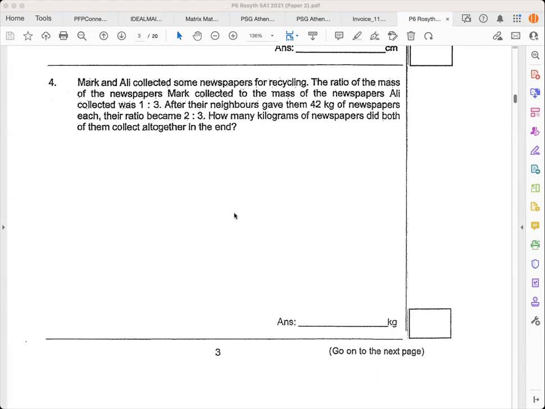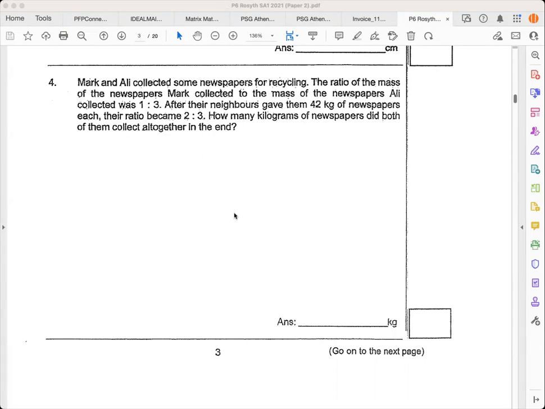The ratio of the mass of the newspapers Mark collected to the mass of the newspapers Ali collected was 1:3. After their neighbors gave them 42 kilograms of newspaper each, the ratio becomes 2:3. How many kilograms of newspaper did both of them collect all together in the end?